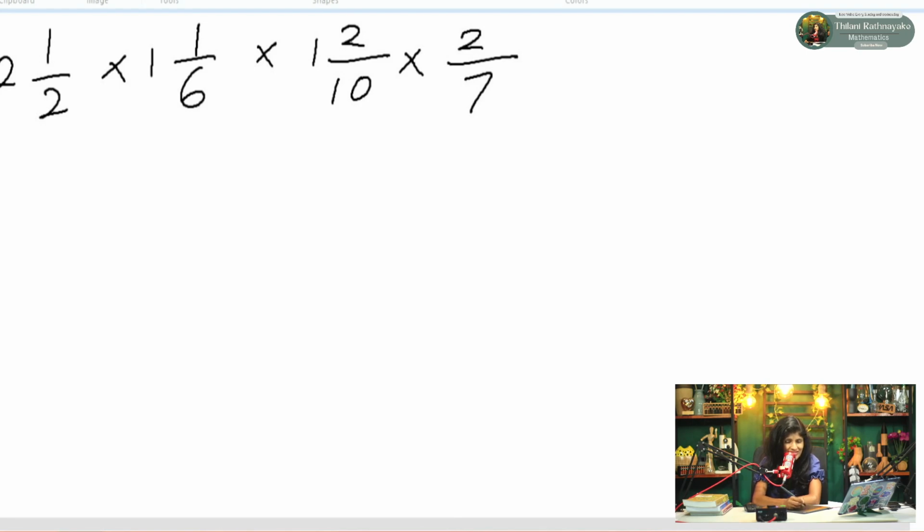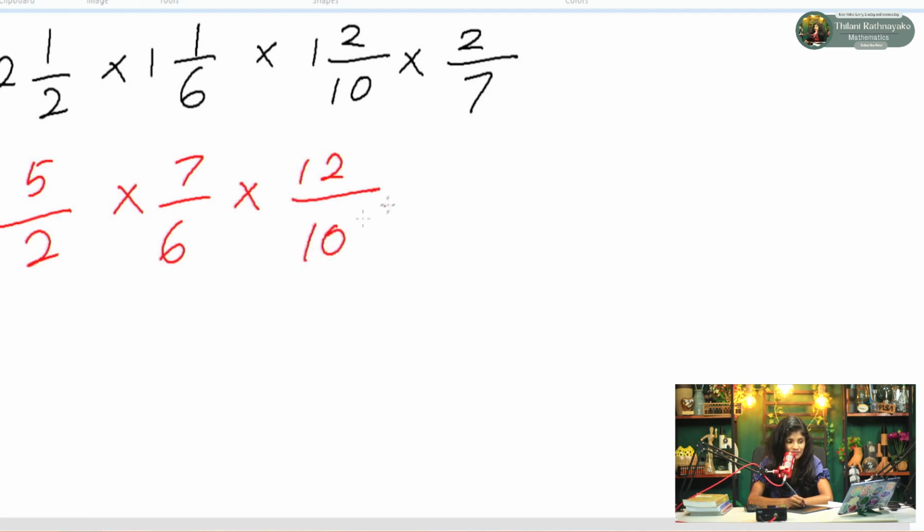Now the first thing I'm going to do is convert all the mixed numbers into improper fractions. 2 times 2 is 4 plus 1, 5 over 2 multiplied by 6 times 1, 6, 6 plus 1, 7 over 6 multiplied by 10 times 1, 10, 10 plus 2, 12 over 10 multiplied by 2 over 7.